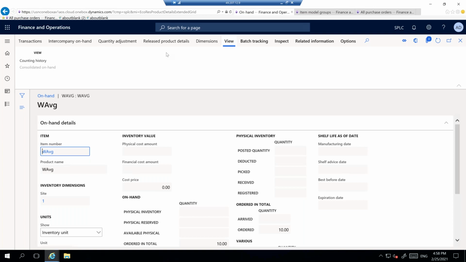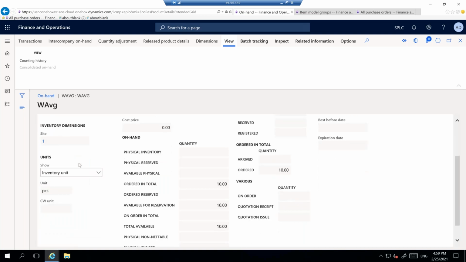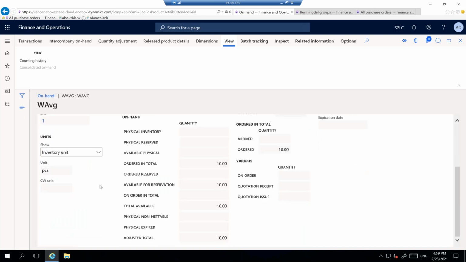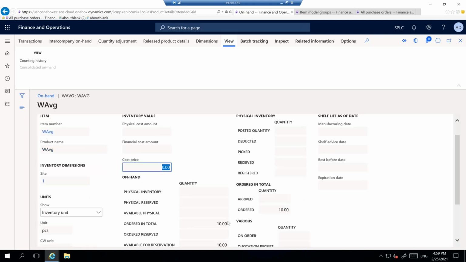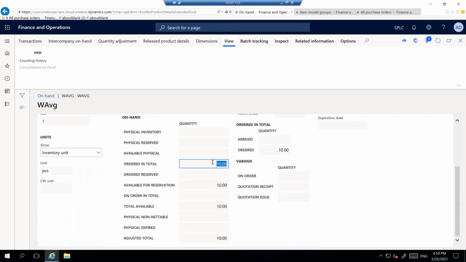In 2012 there was a separate button, but in D365 no one will assume it is available inside. Here, physical cost amount 0, financial cost amount 0, cost price 0, because we have not purchased, we have just ordered. This is ordered in total.